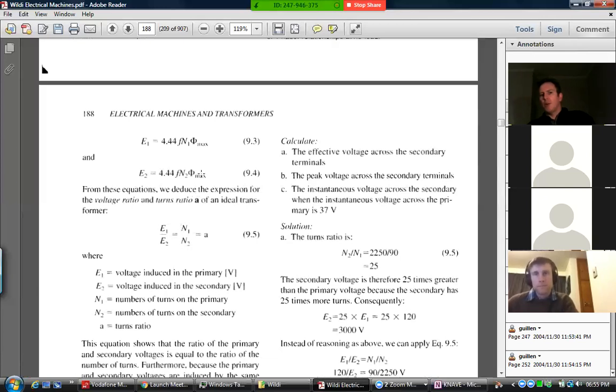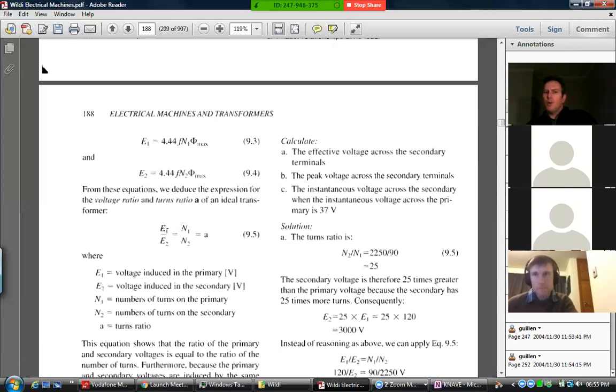So in other words, for a given amount of flux that's changing per unit time, if you have more turns, more coils, that flux is seen to collapse and grow through them, and it will induce more voltage as an effect. So that's the important thing here.